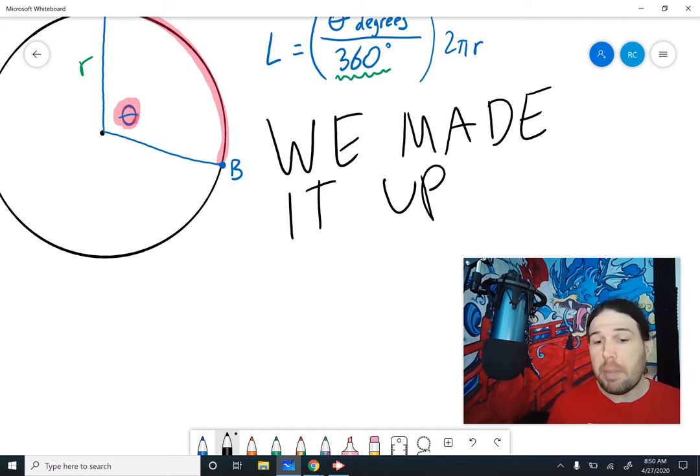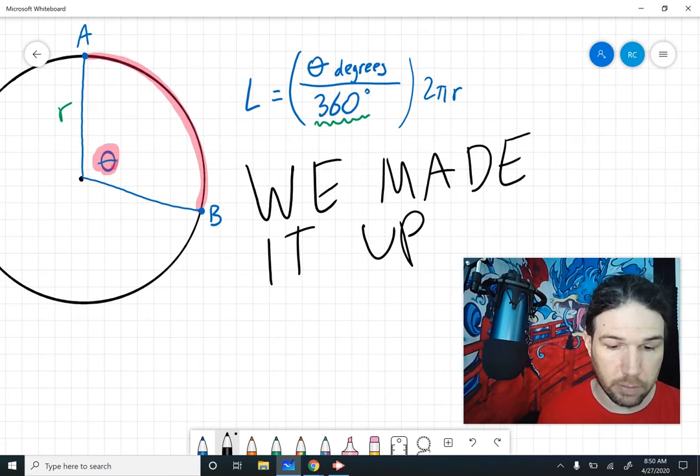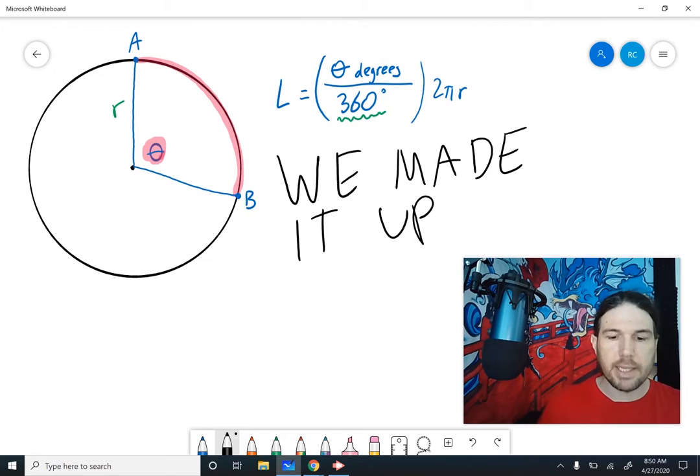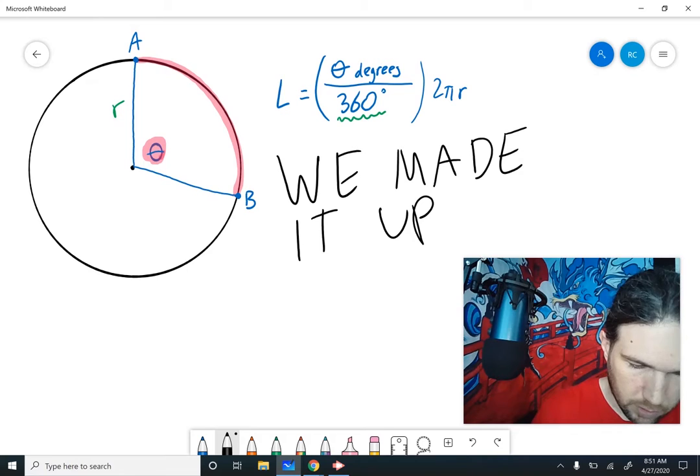We, being human beings, decided at some point that we were going to take a circle and split it into 360 separate parts and use that as our unit for angles. But it doesn't have to be that way. And we can set a new unit to make our life more convenient. So let me erase this.